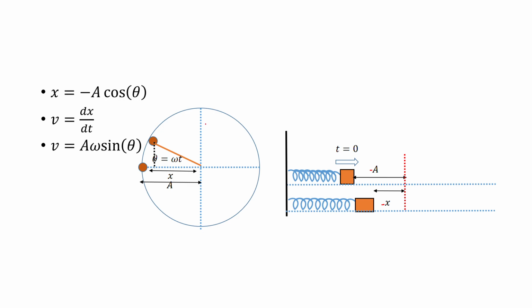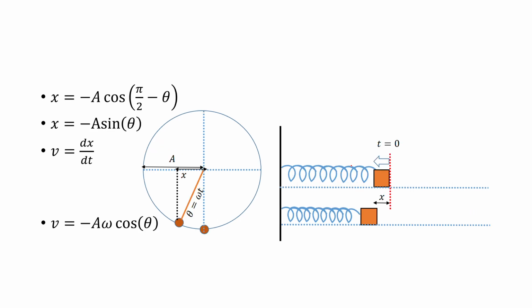So x will be minus a cos theta, where theta is omega into t, and we can write velocity as dx by dt, so it will be a omega sine theta. In this case, the particle is in the second quadrant, in which instantaneous position is negative and velocity is positive. This can again be verified from the simple harmonic motion. The particle is towards the left from its equilibrium position, so its instantaneous position is always negative and velocity is positive.